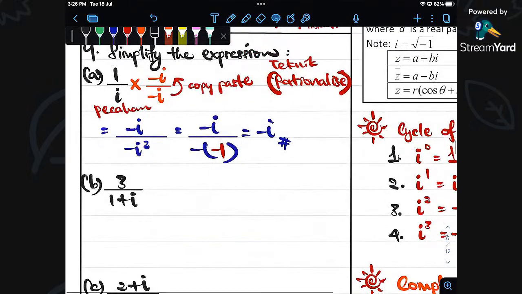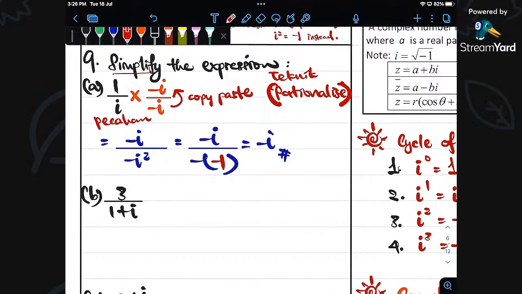Okay, now let's go to the next question. Kita perlu simplify the expression. Again, we need to rationalize. Setiap kali berjumpa dengan pecahan di mana I berada di bawah, kita buat teknik rationalize.